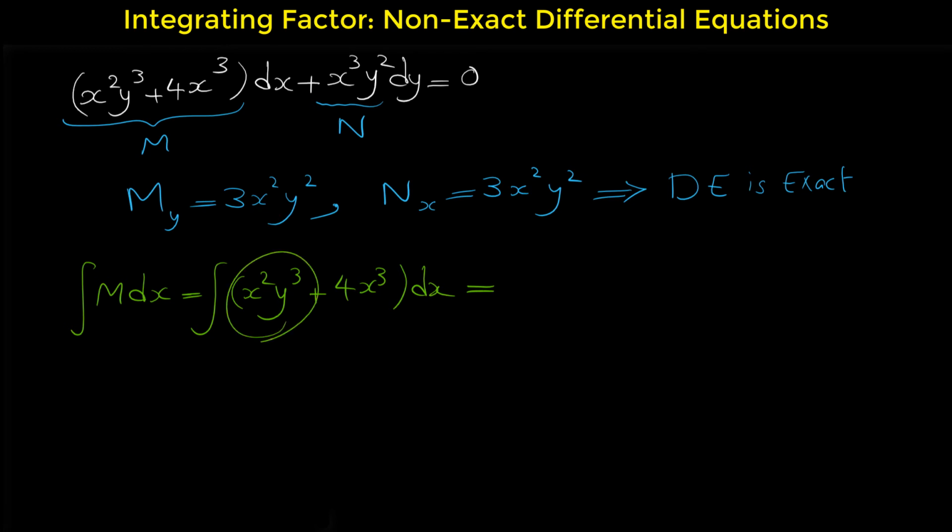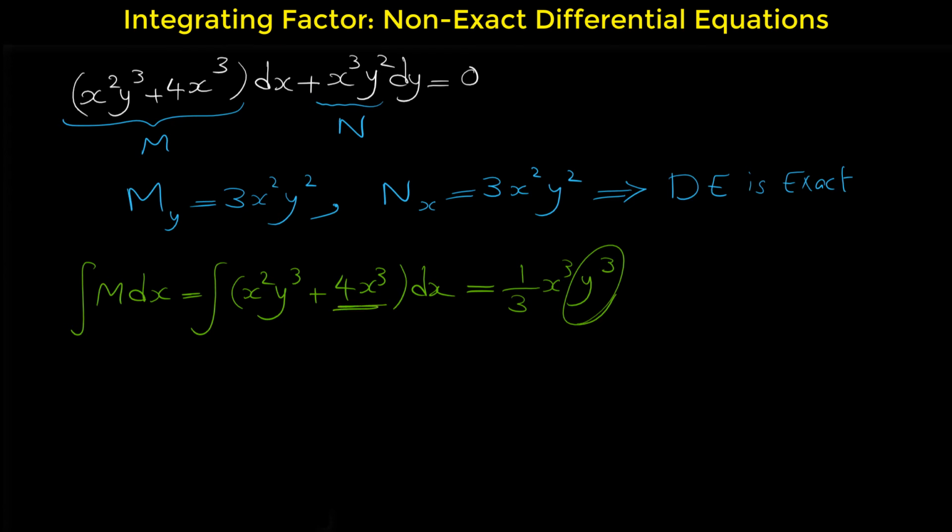Integral of x squared y to the 3 with respect to x is x to the 3 y to the 3 over 3, which we can write as 1/3 x cubed y cubed. Note that when we want to integrate this with respect to x, y to the 3 is a constant, so we just copy y to the 3 and only integrate x squared, and integral of x squared is x to the 3 over 3.